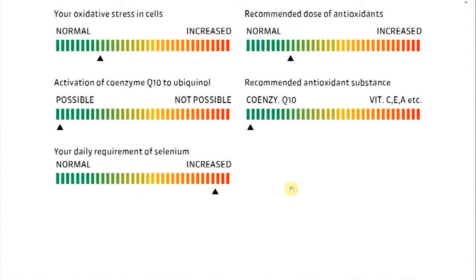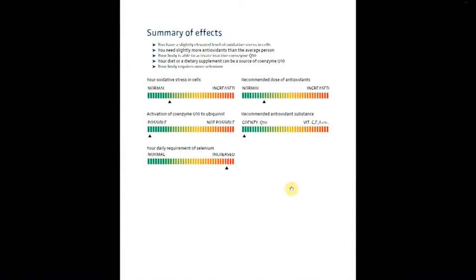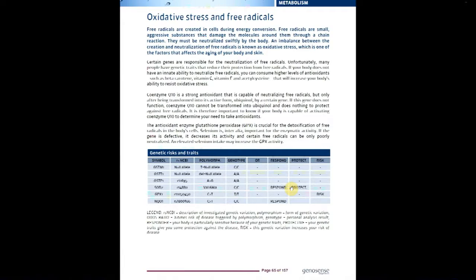And then selenium, that's also a very interesting story. Selenium is a trace element that is contained within food. And there is a gene, the GPX1 gene. Actually, let me scroll up here and show you this gene. The GPX1 gene is this one here.